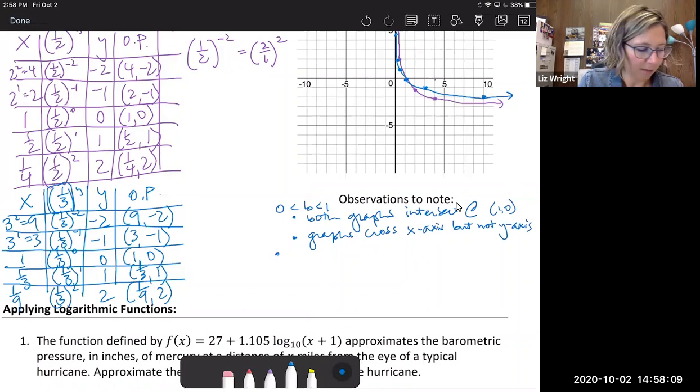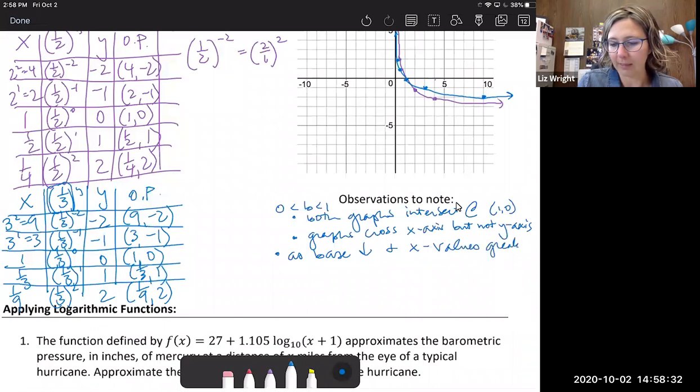And then we've got as base decreases this time, and for x, so decreasing again, that means like we're going from 1/2 to 1/3. So that's a decreasing base. And for x values greater than 0, but less than 1.